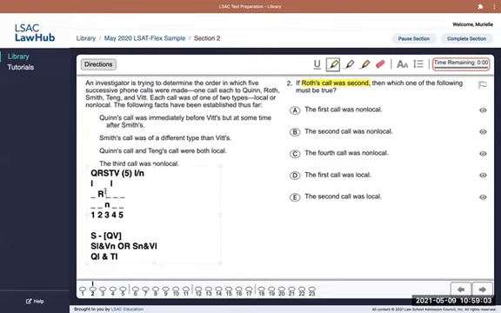But Q can never be non-local. Q is always local. So Q cannot be third, and Q definitely can't be first because S has to be before Q. So no matter what happens with S, whether S is first or third, Q and V have to be at the end.